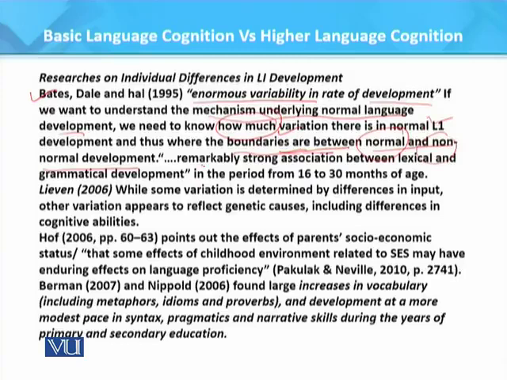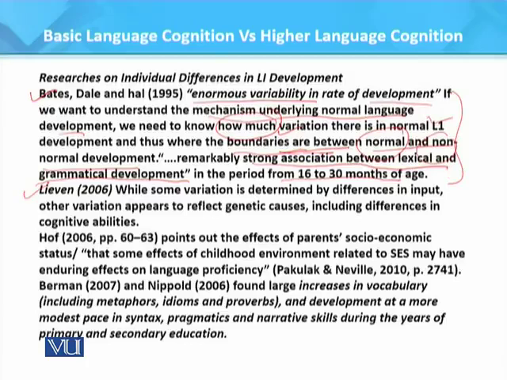They also believe that there is a strong association between lexical and grammatical development. So words and grammatical structure are closely associated, and they supplement each other in development, especially in the period from 16 to 30 months of age. That is how the differences can be looked at in that specified time, and how the mechanism works.